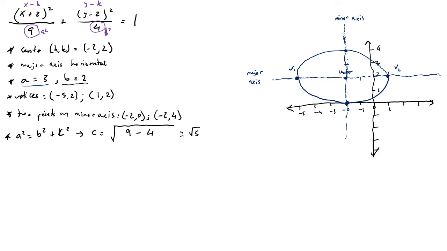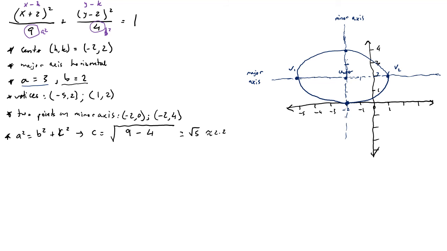So that's what C is, which means it's a little over 2, so I think it's approximately 2.2 if I'm not mistaken. And I'm approximating this so I can know approximately where to graph it.